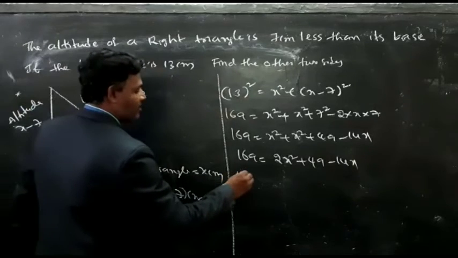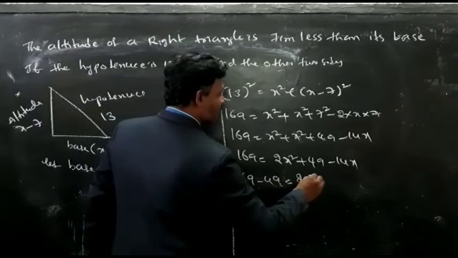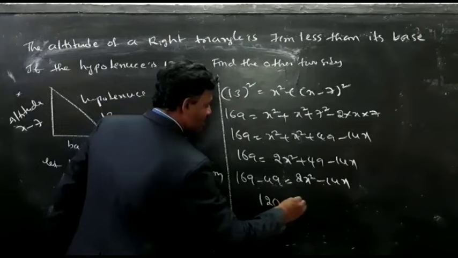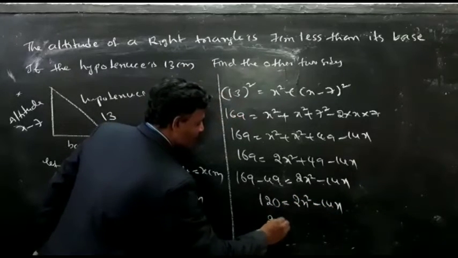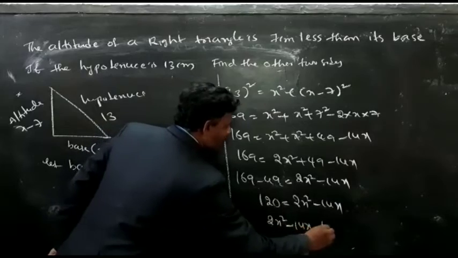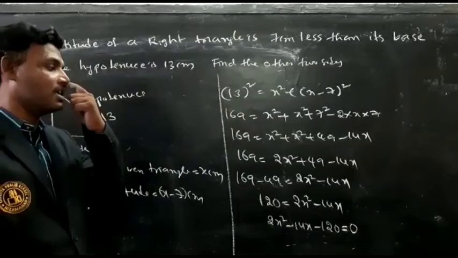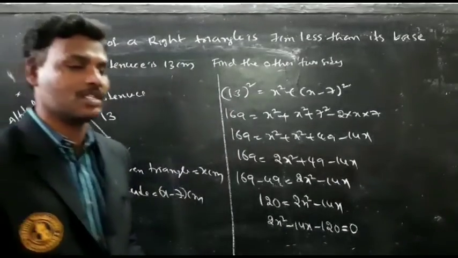Minus 49. 169 minus 49 is equal to 2x square minus 14x. It is 120 is equal to 2x square minus 14x. So 2x square minus 14x minus 120 is equal to 0. What is the quadratic equation here? 2x square minus 14x minus 120 is equal to 0.